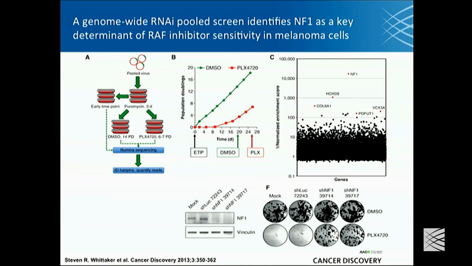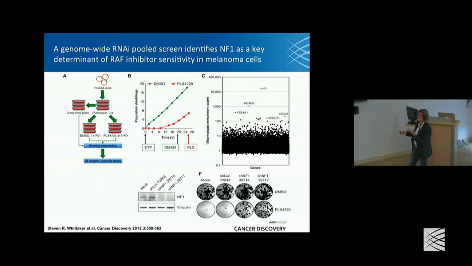But when he treated with the drug, only the cells with the shRNA targeting NF1 were growing, suggesting that NF1 is important to conferring drug resistance in this melanoma cell line.